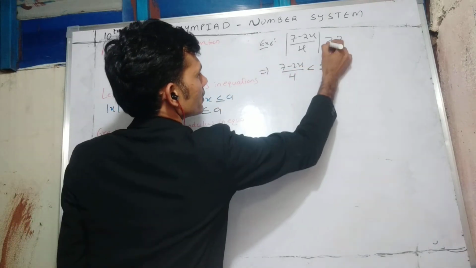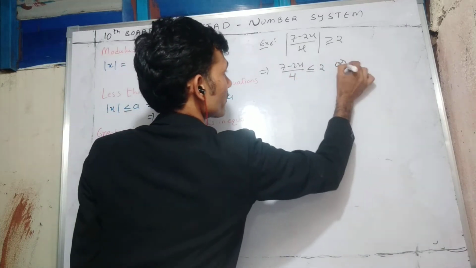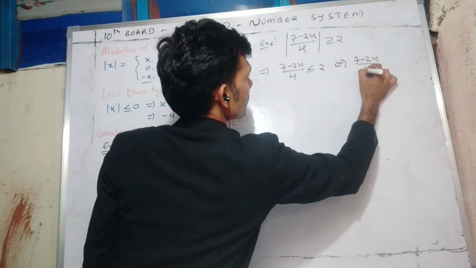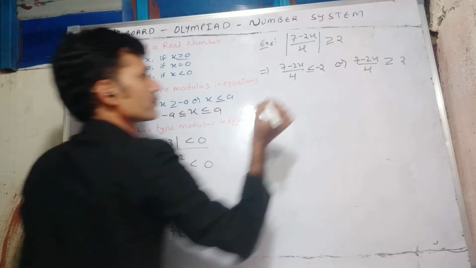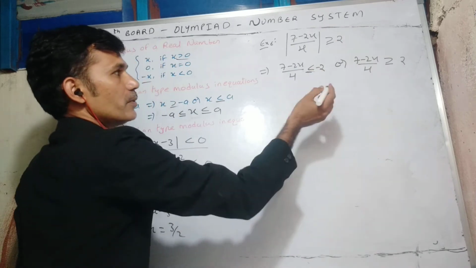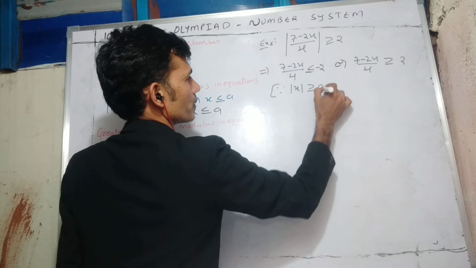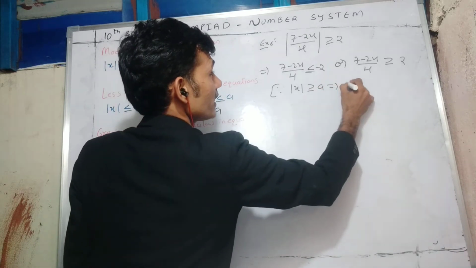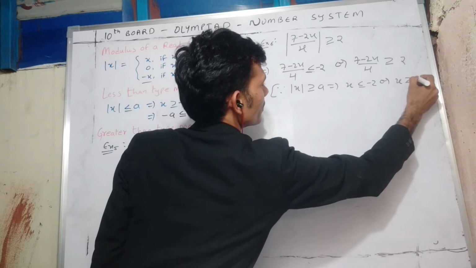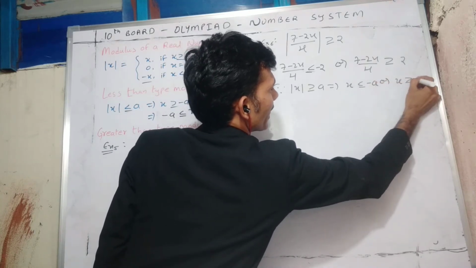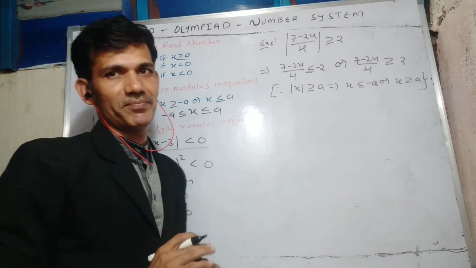Here greater than or equal to is there, so less than or equal to will come: (7 minus 2x) upon 4 is less than or equal to -2, or (7 minus 2x) upon 4 is greater than or equal to 2. How did it come? You can say this formula: when modulus x is greater than or equal to a, x is less than or equal to -a, or x is greater than or equal to a. That means x values do not lie between -a and a.